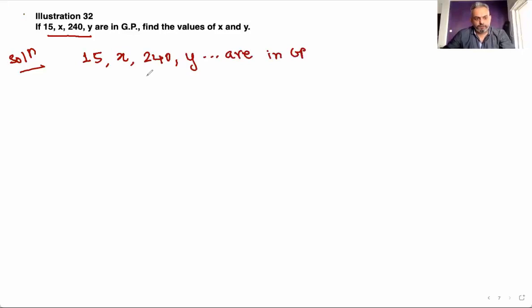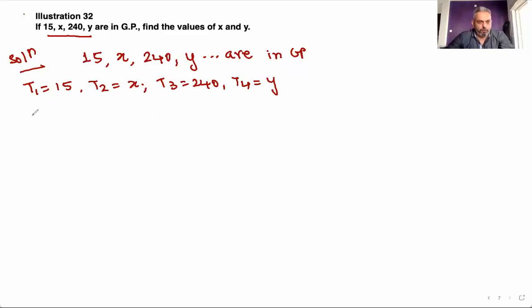Now we have to find the values over here. So we take T1 is equal to 15, T2 is equal to x, T3 is equal to 240 and T4 is equal to y. Now over here T2 upon T1 is equal to T3 upon T2.